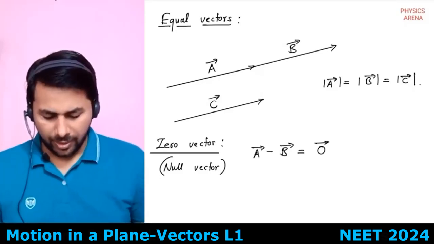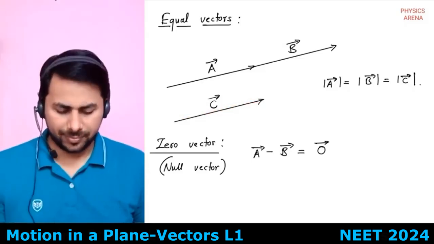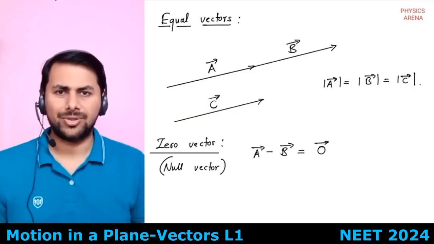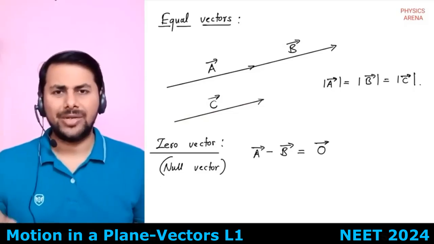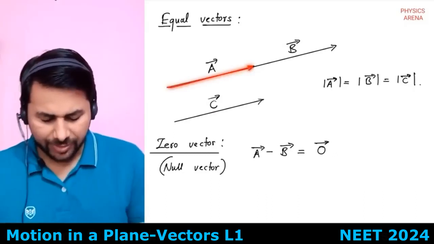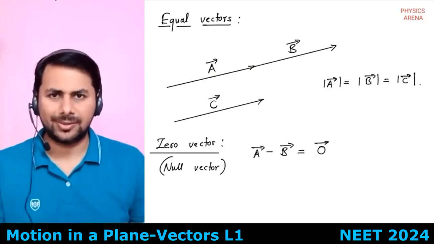So two parallel vectors are also equal, right? So we consider free vectors. There is another type of vectors known as fixed vectors. A fixed vector points in the same direction and you cannot move it in space.